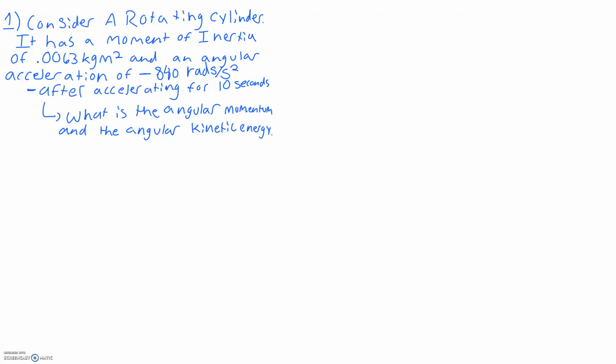So first, we're going to start off by writing all the variables that we have known in black. So the angular acceleration is equal to negative 840 radians per second squared. The time that we are using in this is 10 seconds.